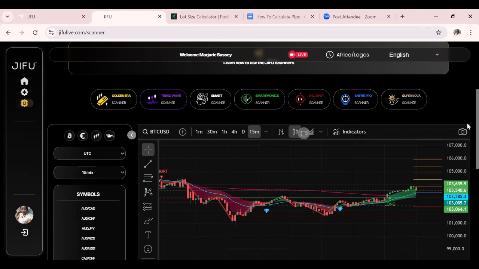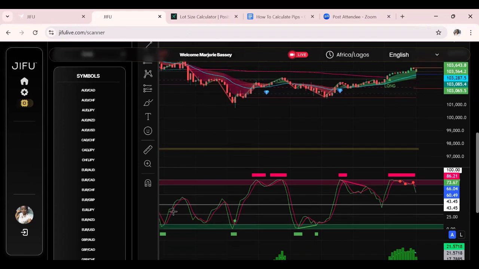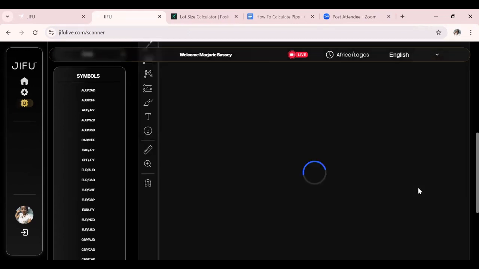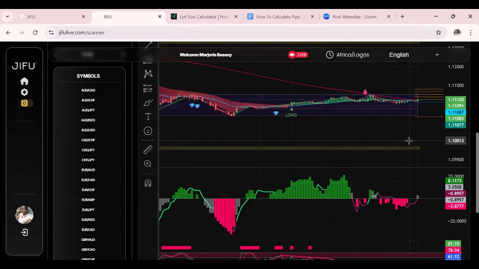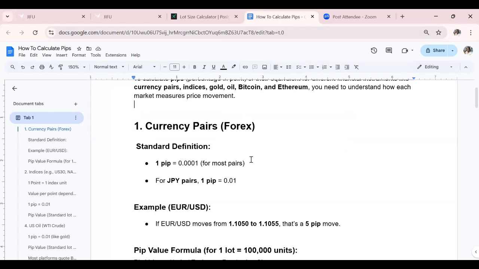What's the current price? Euro USD is currently at the market price of 1.11120.